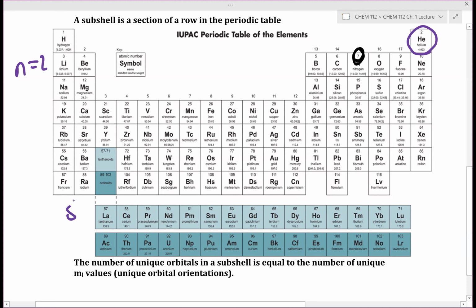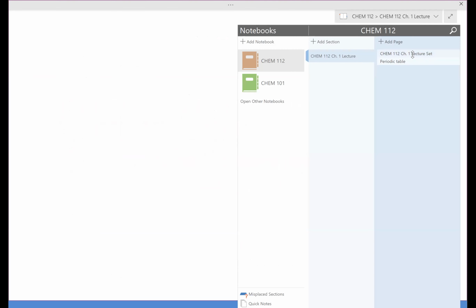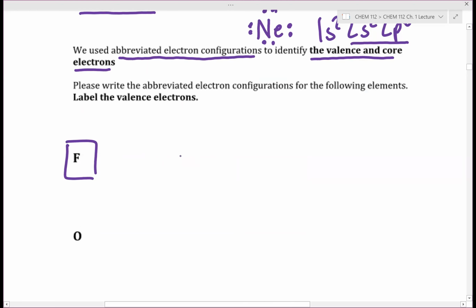And how many spaces is fluorine into the P block? So let's count. 1, 2, 3, 4, 5. So how many electrons do we have in our P block? 5, exactly.